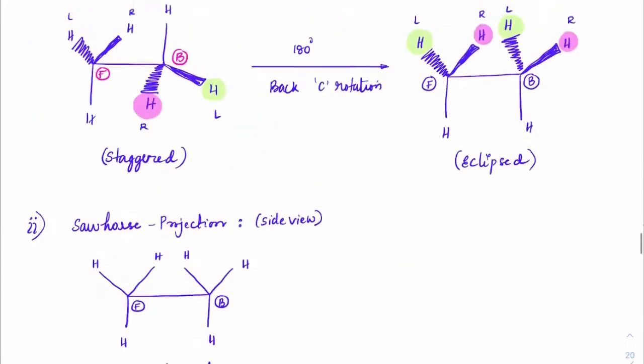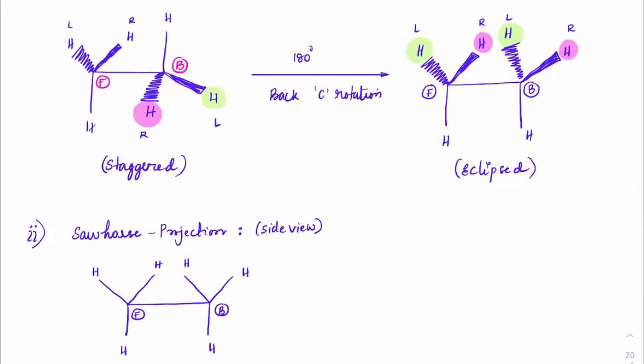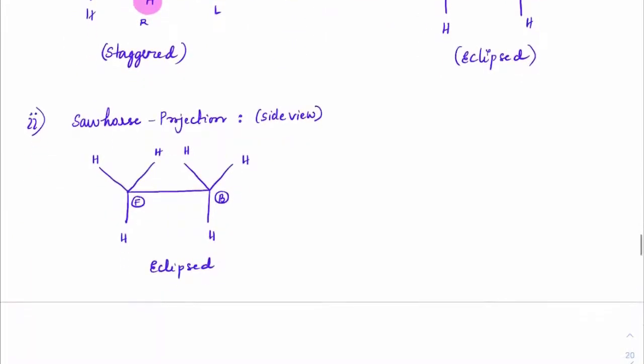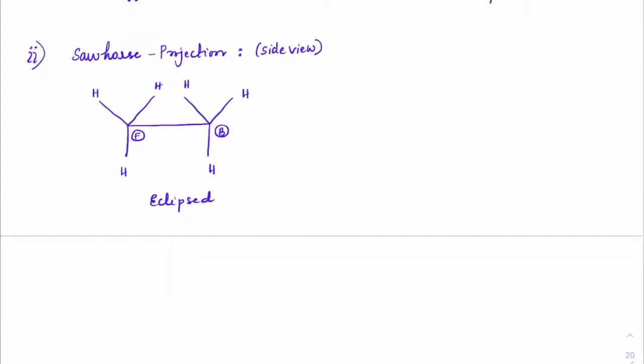Instead of showing in three dimensions that one is coming outside and one is going inside, I'm just putting it as a side view, like a photographic image. Imagine a photograph which you have taken. So this is the way it looks.